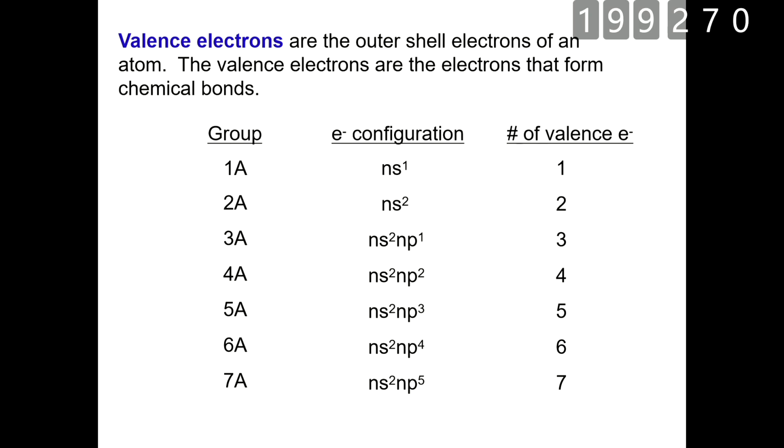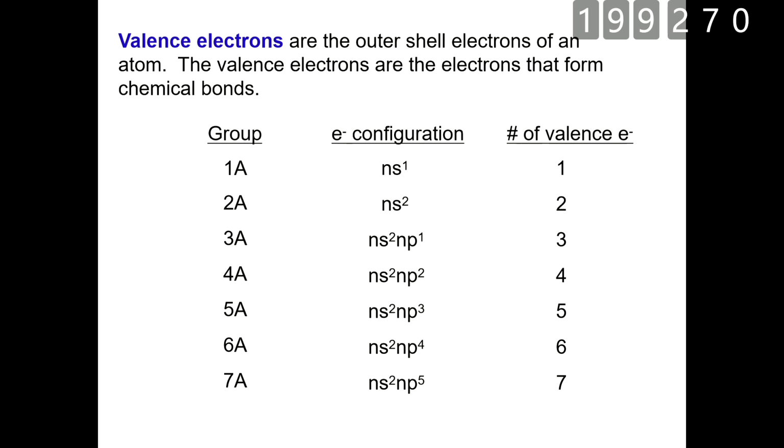So the valence electrons are the outer-shell electrons of an atom, and they are the electrons that form chemical bonds. So basically, for two atoms forming a bond, these electrons are definitely from the outer shell, so they are also called valence electrons.